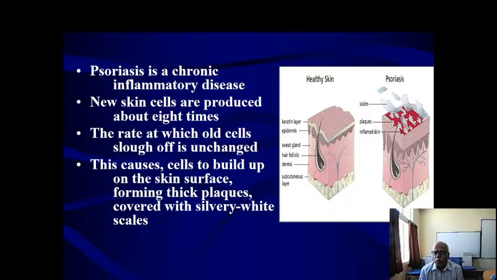Usually the epidermal keratinocyte cycle is 28 days, just like a menstrual cycle. These 28 days may be reduced to say 20 days because of the hyperproliferation. So naturally there is more shedding and more metabolic activity. That is the reason you see a lot of scales on the skin surface.